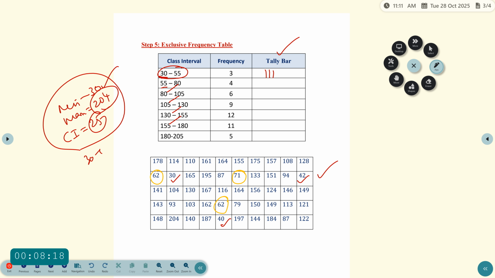Then 79, and then 79. These are the four values which lie between 55 and 80, so I put 4 tally marks here. The total count of tally marks is 4, so I write 4.